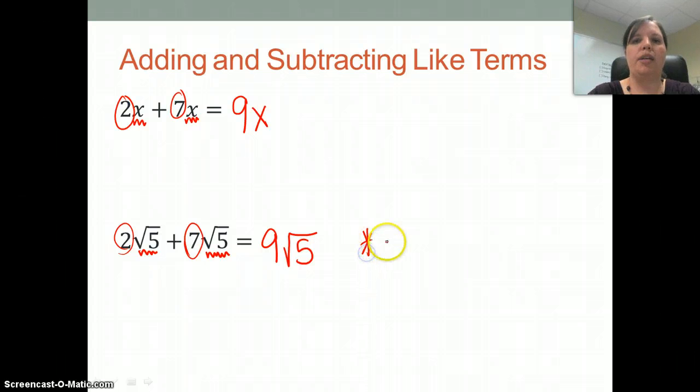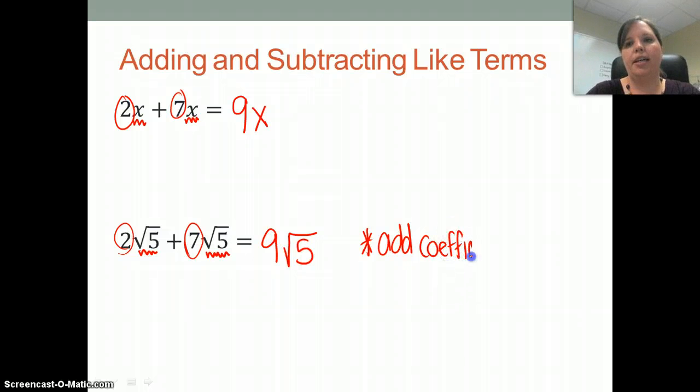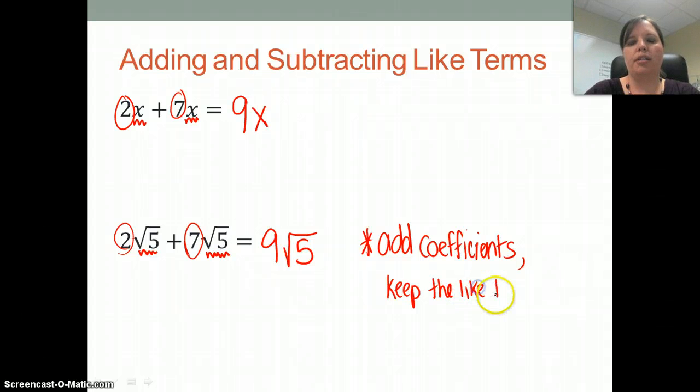So just like with any like terms, you add the coefficients or subtract them depending on the sign, and then you just keep the like term portion. The like radical in this case we keep.